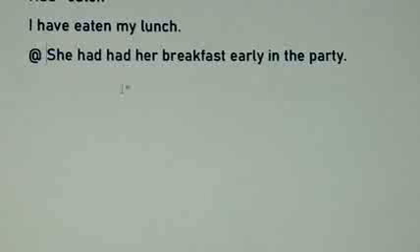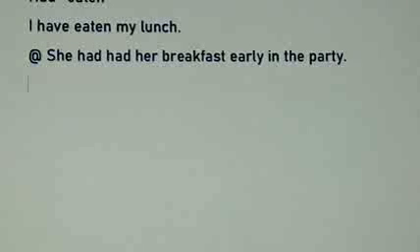Its proper meaning you can find according to the meaning of the rest of the sentence, right? If somebody is talking about breakfast, like she had her breakfast early in the party, it means what? She had taken her breakfast. She had finished her breakfast. Okay.